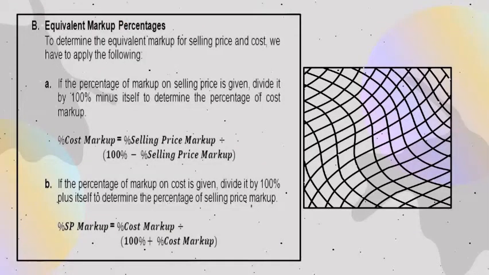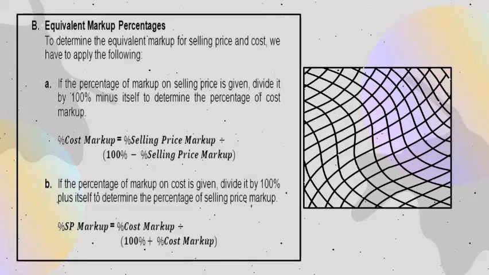Equivalent markup percentage. A single item can have two different markups depending on the basis of the markup, selling price and cost. To determine the equivalent markup for selling and cost, we have to apply the following. So first, if the percentage of markup on selling price is given, divide it by 100% minus itself to determine the percentage of cost markup.